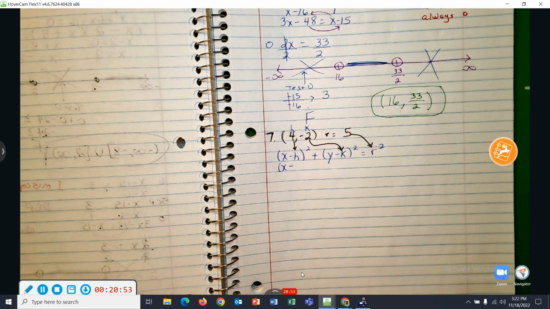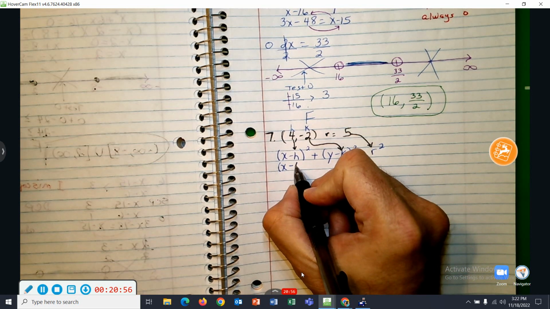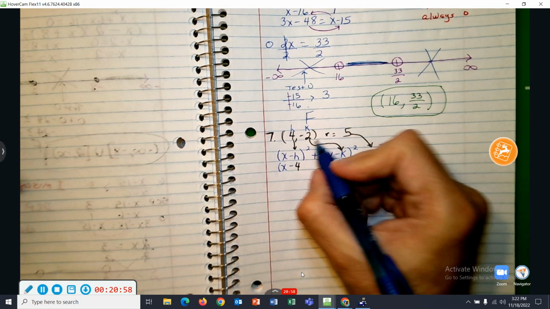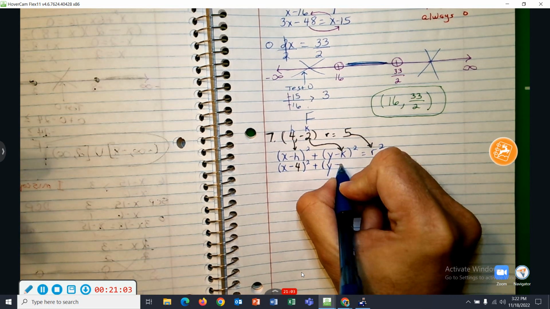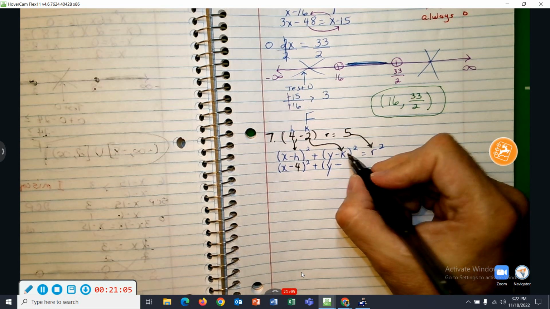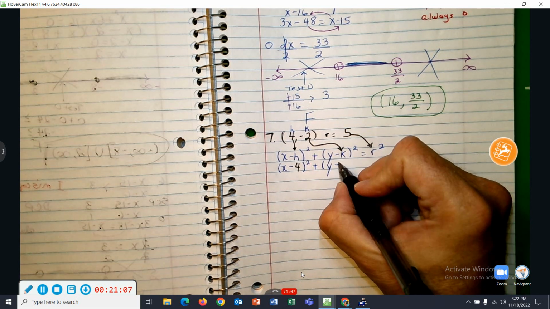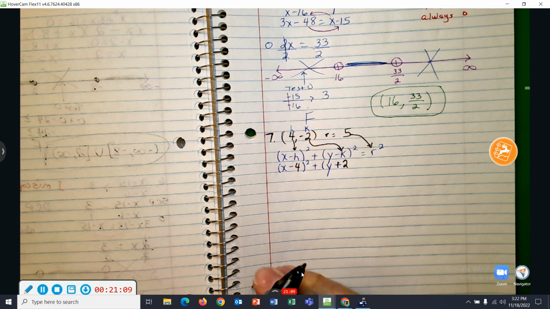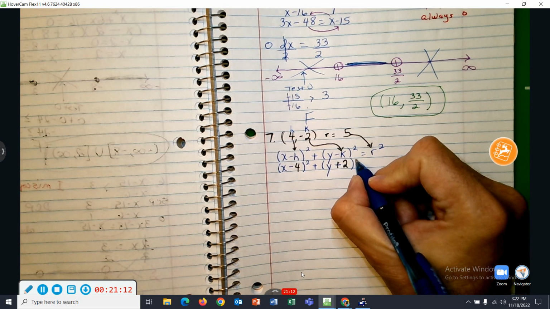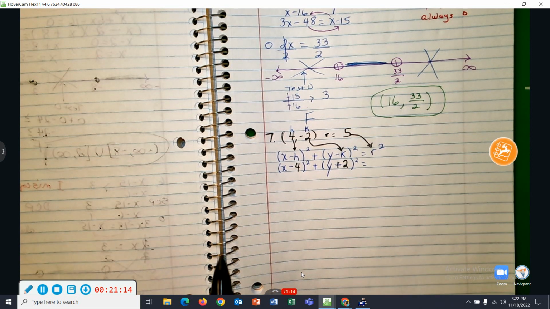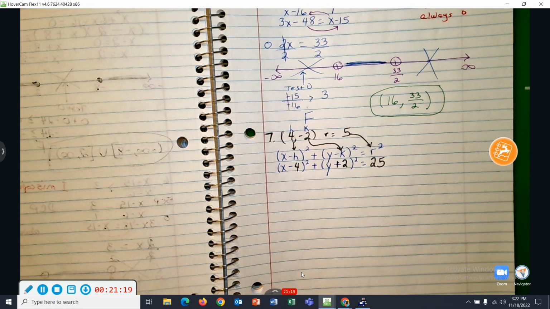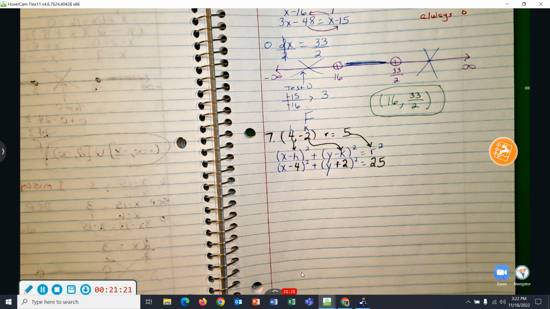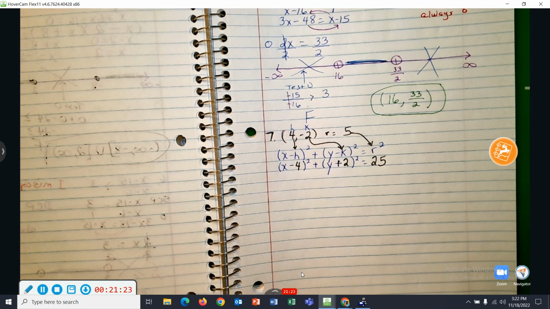So x minus 4 squared plus y minus a negative 2, which would be a plus 2, squared equals 5 squared. Don't say 10. That 5 squared is 25. So x minus 4 squared plus y plus 2 squared equals 25.